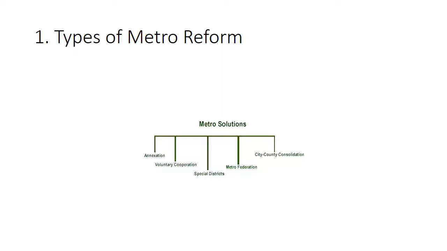There are some examples of it in your book. City-county consolidation is the most radical, most fundamentally changing of the reforms, where the city and county come together to form a government, and that government runs the metropolitan area. So those are what we call metropolitan reforms, and like I said, you can see examples of them in your book. I won't talk any more about that now.